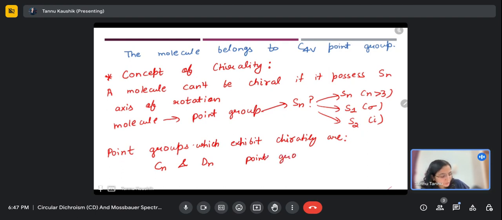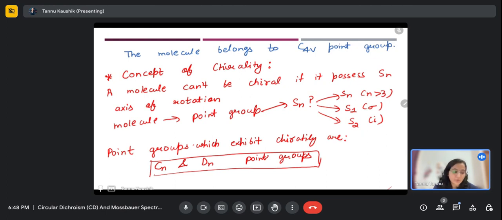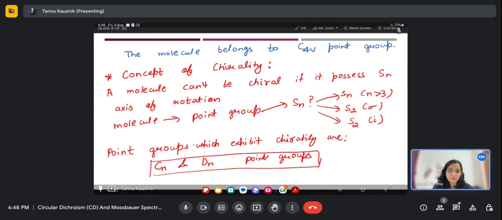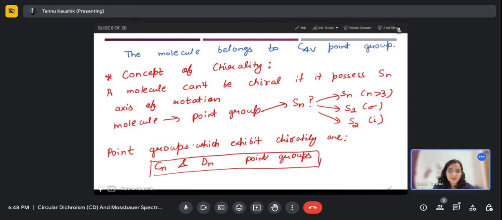If a molecule belongs to these two point groups, then the molecule will be chiral. Otherwise, the molecule will be achiral. So here, this XeOF4 molecule belongs to C4V point group, which shows that it is not a chiral molecule.